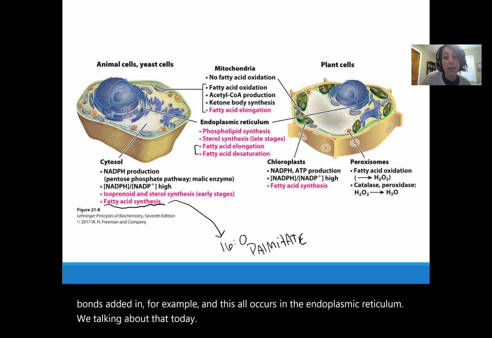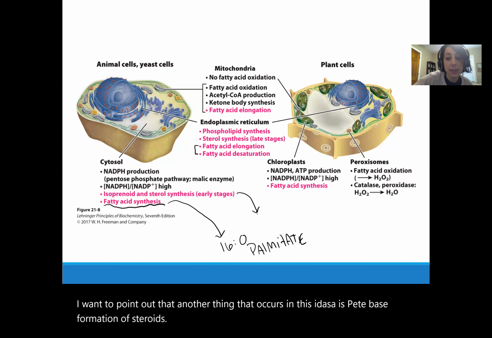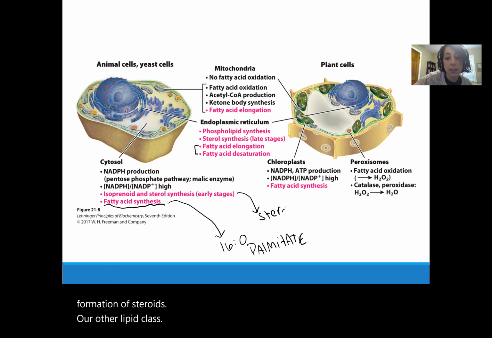I want to point out that another thing that occurs in the cytosol is the base formation of steroids. Our other lipid class that doesn't utilize fatty acids can also be synthesized in the cytosol.